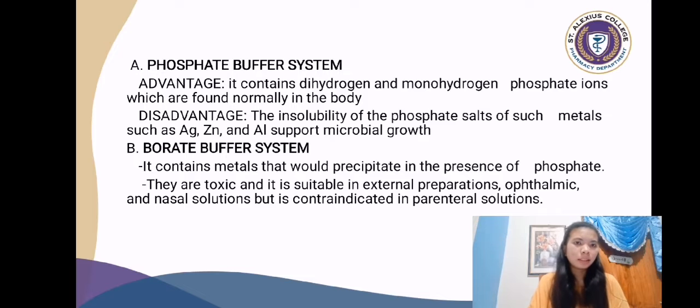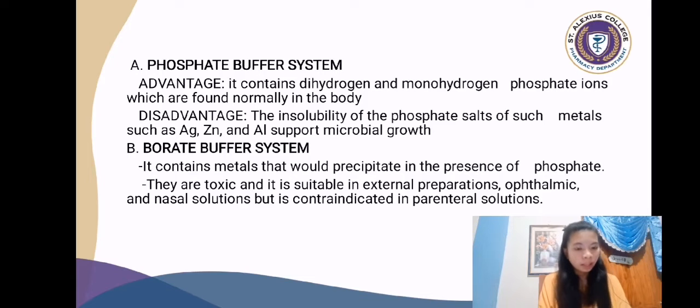So, the borate buffer system, hindi siya pwedeng i-take orally, itutulon natin dahil, sabi nga, they are toxic. Kagaya nga nung sinabi ko kanina, sa mga bagay na dapat natin i-consider to choose buffers. The buffers that contain borate, hindi talaga pwedeng i-ingest for it is toxic. And it is suitable lang for external preparation, just like the ophthalmic and nasal solution.